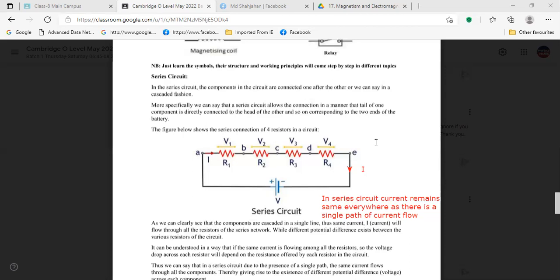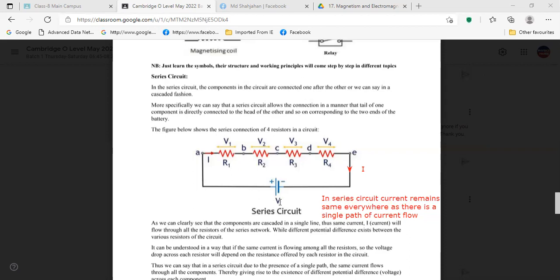Yes, sir. Understood. Now, again, you see in this circuit, series circuit, we have here the power supply V, and the appliances or the devices or components we have in the circuit R1, R2, R3, R4. Among these components, the voltage is shared. V is shared among them.